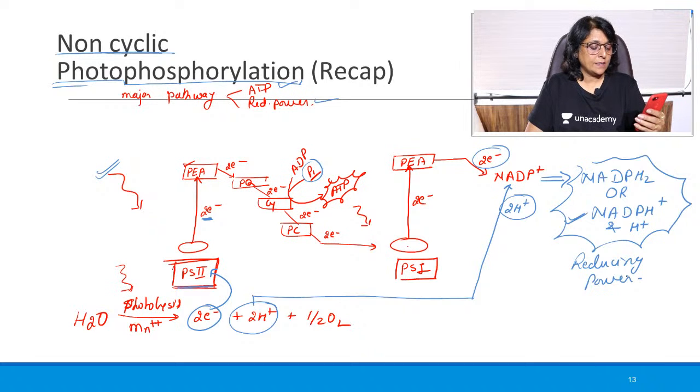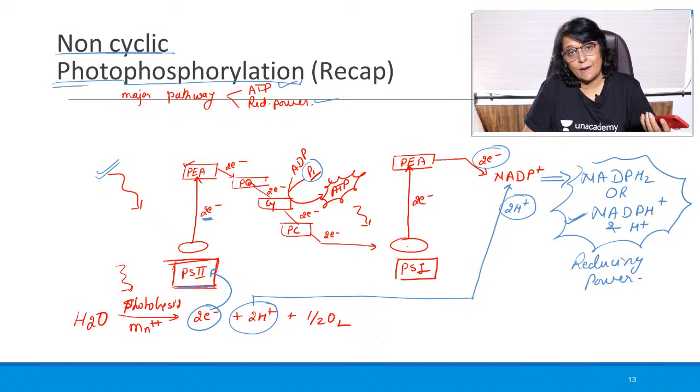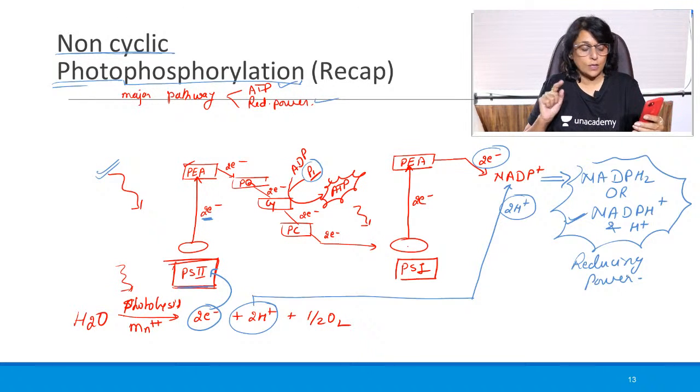Mesophyll cells in C3 and C4. Jayant has a question on this. Mesophyll cells in C3 plants have granal chloroplasts, and that is why the light reaction and dark reaction both take place in mesophyll cells. We will talk about C4 plants maybe in the next lecture.